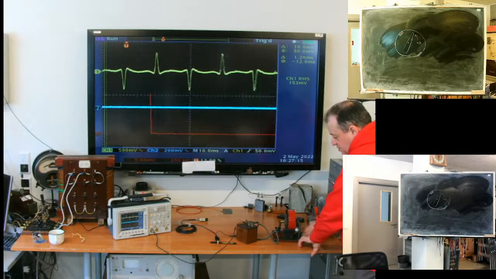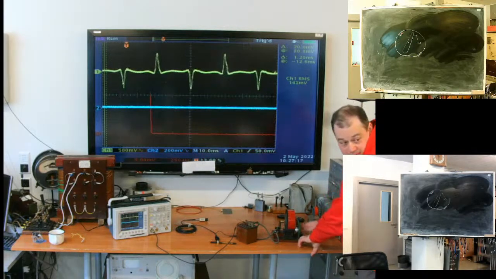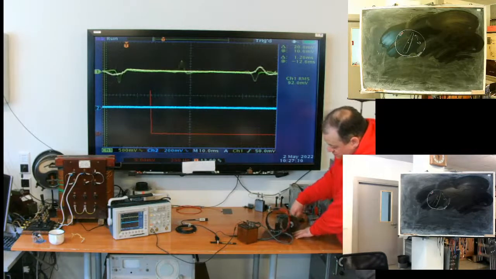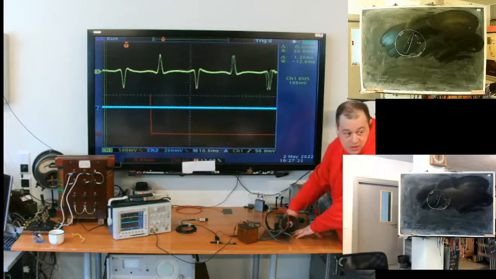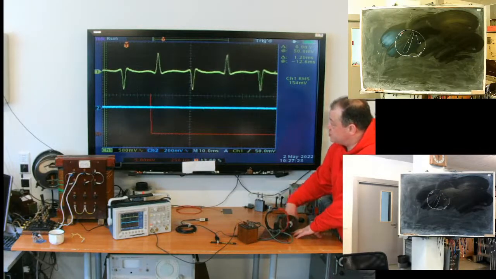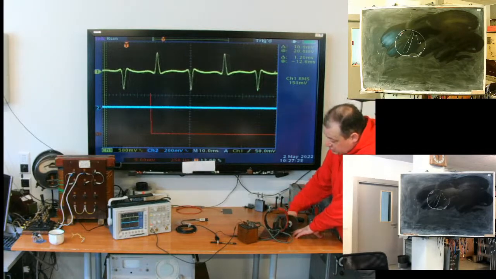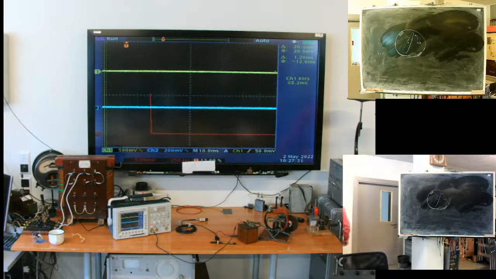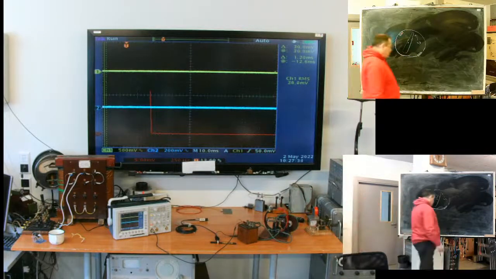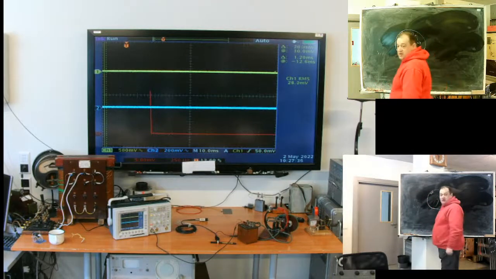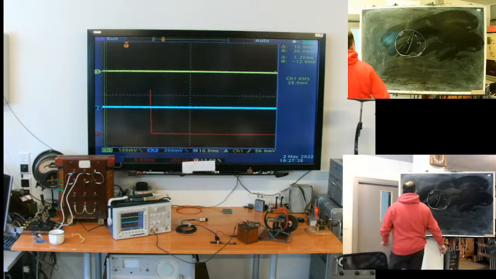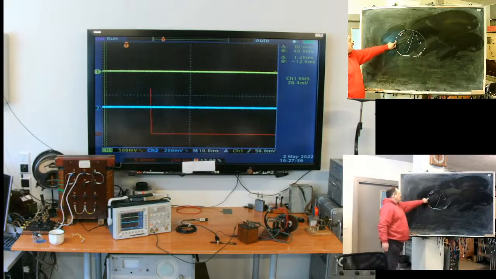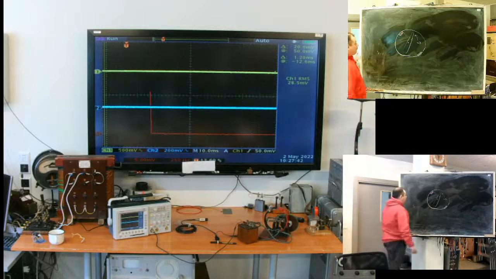Frequency is determined by, I can make it visible. So rotation frequency is determined by my force, and voltage distribution we see. Now, question: what will happen if I put another magnet here, for example?